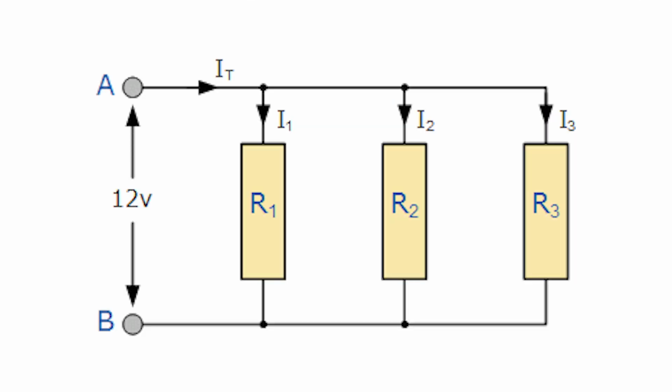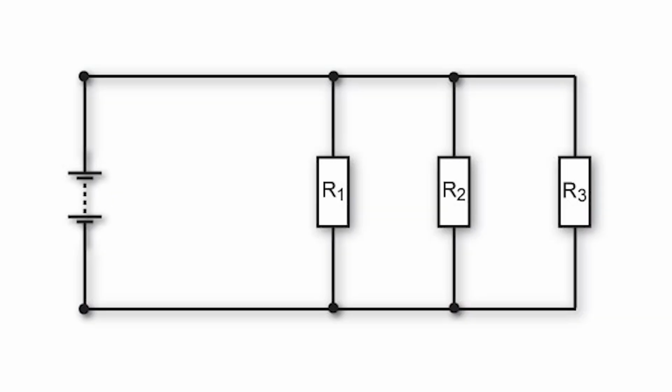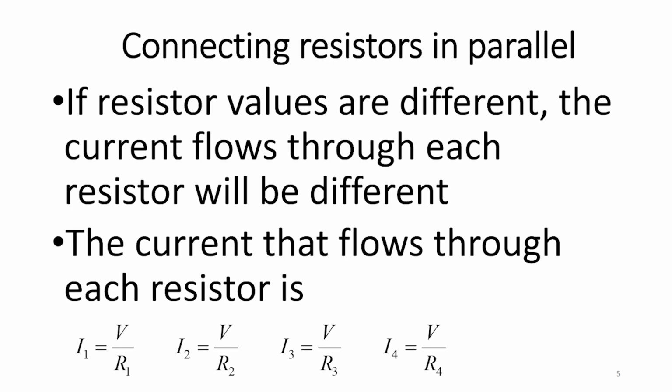If resistor values are different, the current flowing through each resistor will be different. The current that flows through each resistor is I1 equals V over R1, I2 equals V over R2, I3 equals V over R3, and I4 equals V over R4.